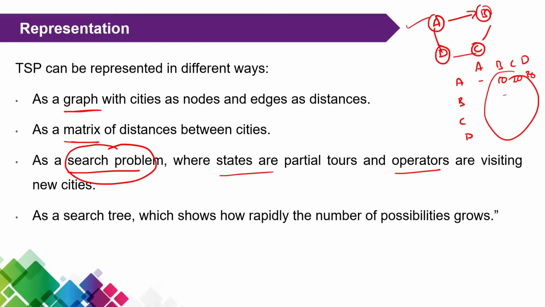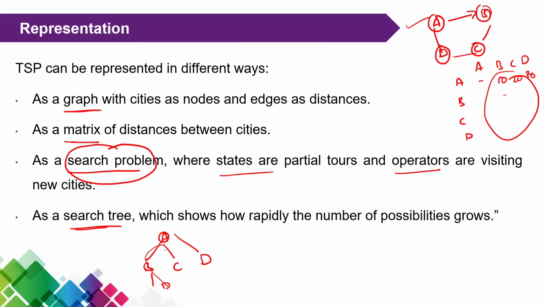Finally, we can represent the problem in the form of a search tree. Suppose the root is the starting city. Each branch moves to a new city, either B or C, D. Suppose B to D, like this.